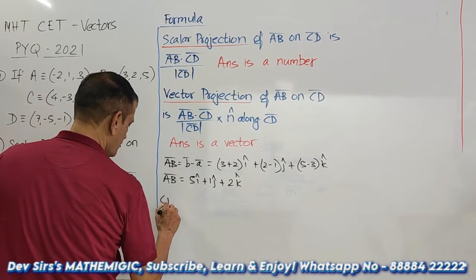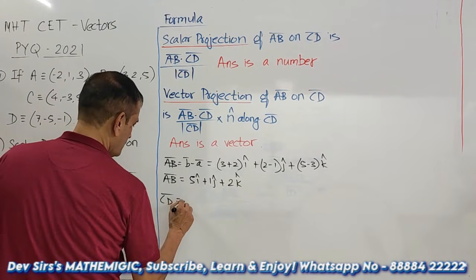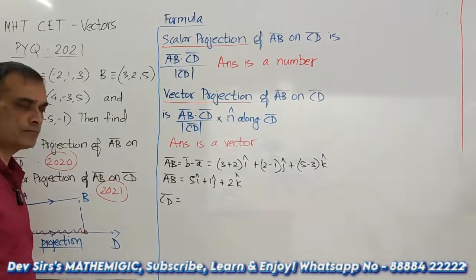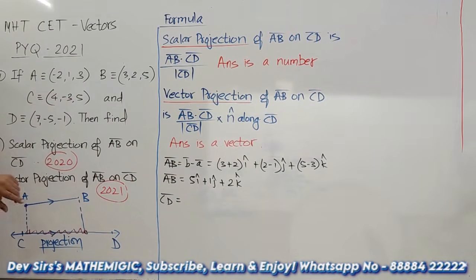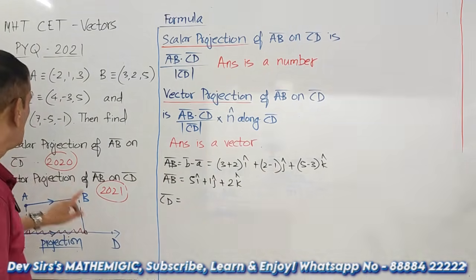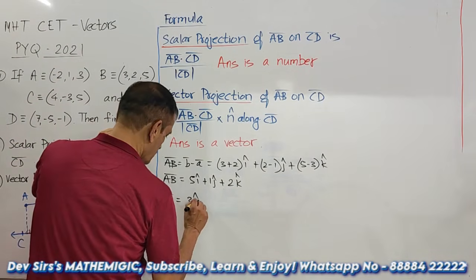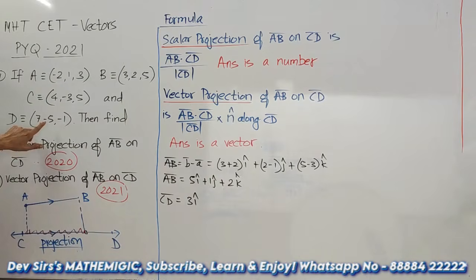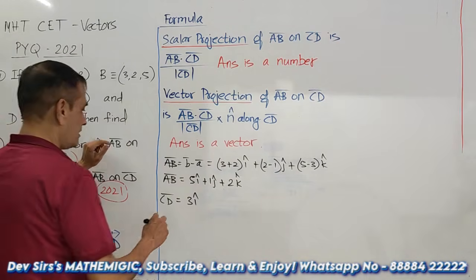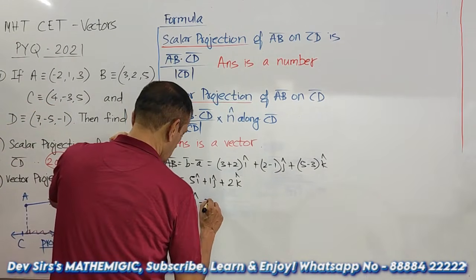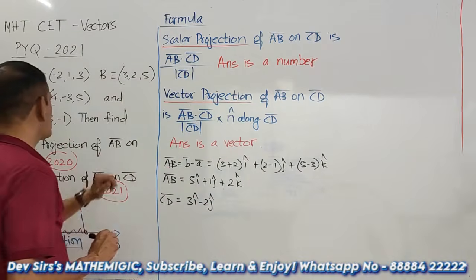CD. D minus C, okay, D minus C. 7 minus 4 एक एक नंबर सब्ट्रैक्ट करो. 7 minus 4, minus 5 minus of minus 3, minus 5 plus 3, minus 5 plus 3 is minus 2.